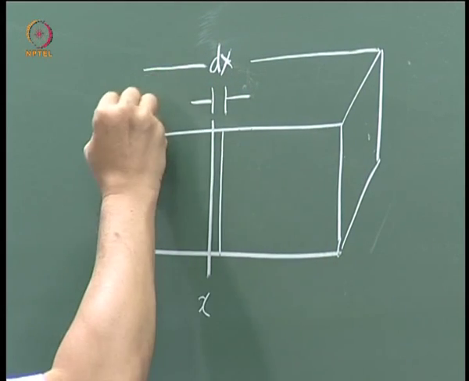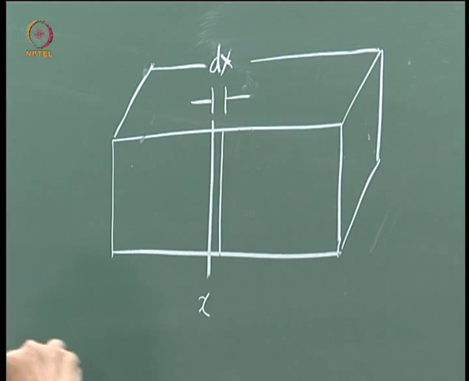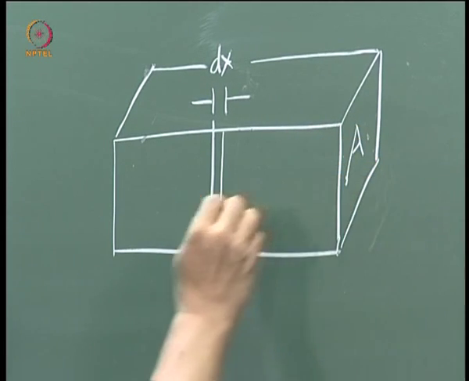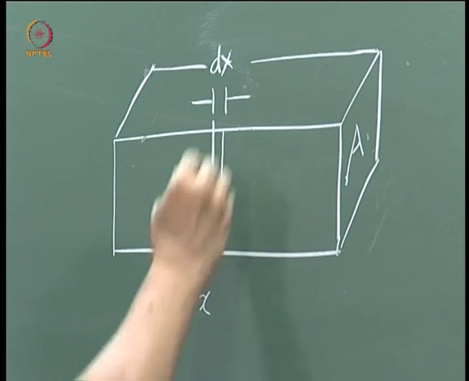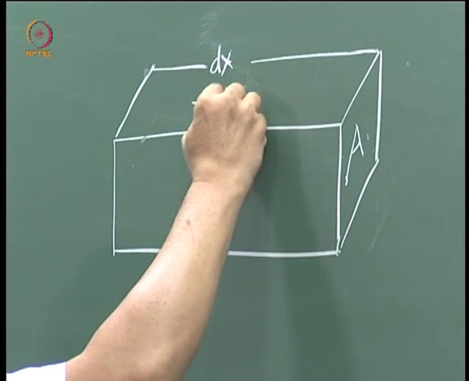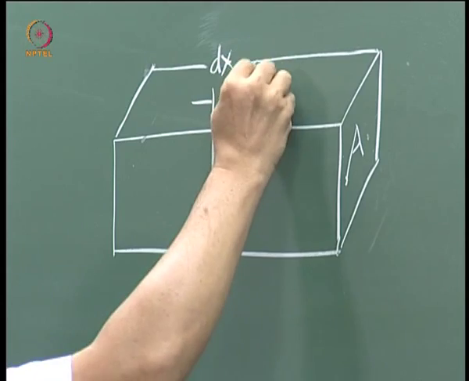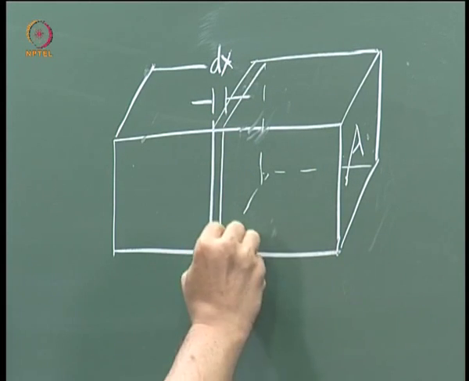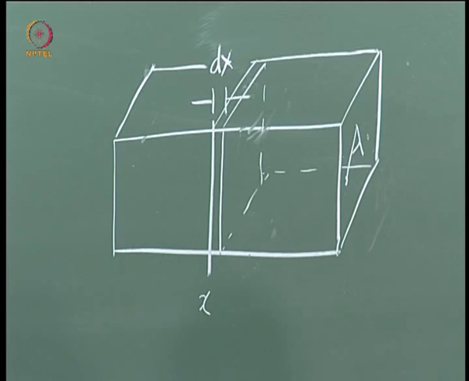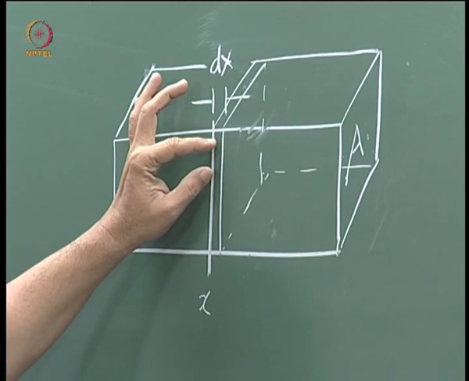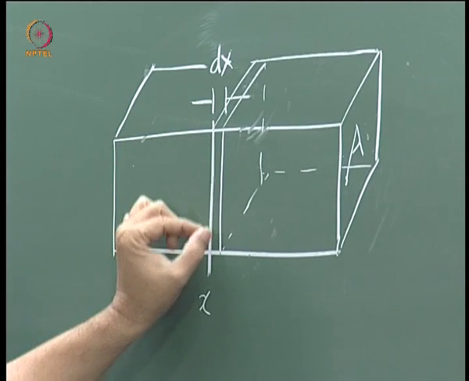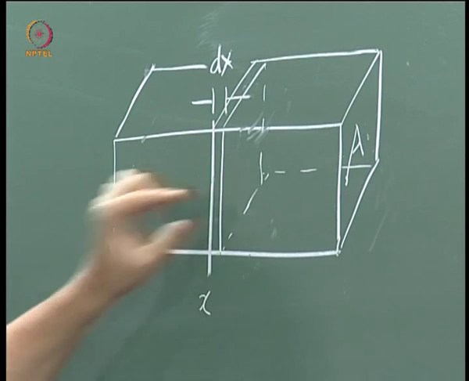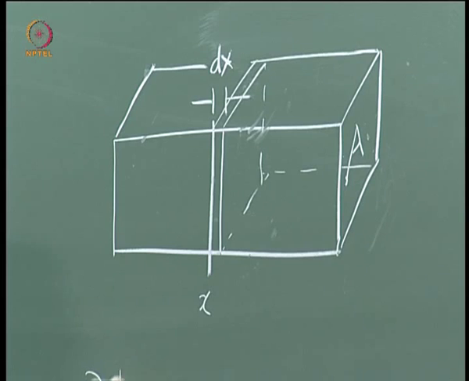And however the quantities are only varying in x direction. So when we are talking about the volume here, it means this is the volume. So within this volume or within this region of thickness dx, the rate of change of hole concentration is dou p by dou t.